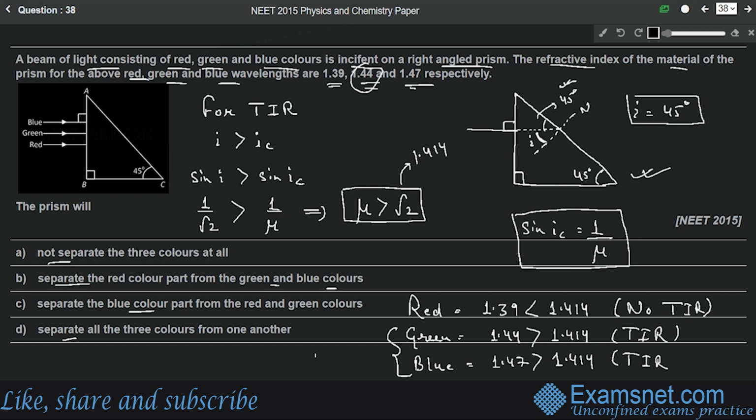That means these colors will not emerge out of the prism, whereas red color will move straight and emerge outside the prism. So what do we conclude here? We conclude that it will separate the red color part from the green and blue colors. Option B will be the correct answer.